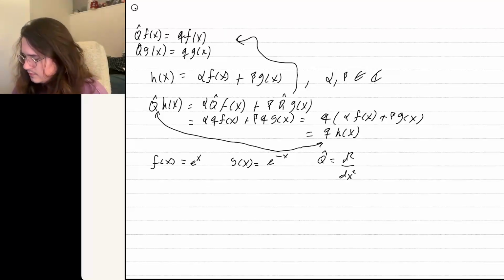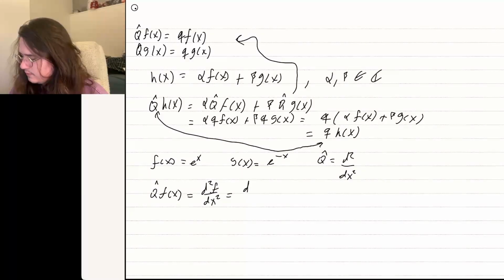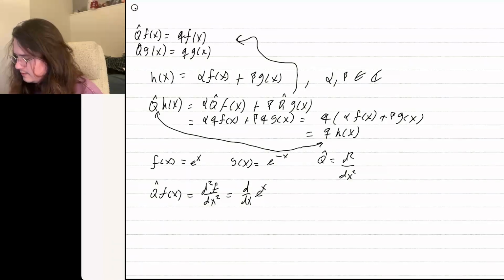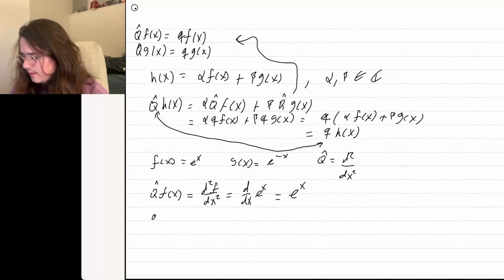So just acting Q on f of x now, it'll be d squared f dx squared. The first derivative is just going to be 1 times e to the x, and then the second derivative is going to be 1 times e to the x, so that's done. And then Q acting on g of x is d squared g dx squared.